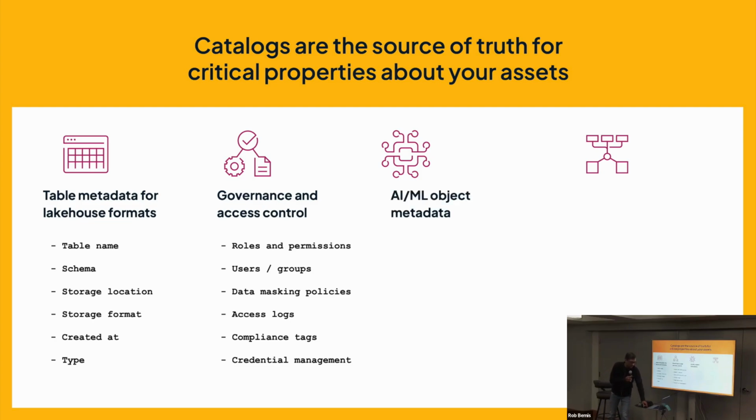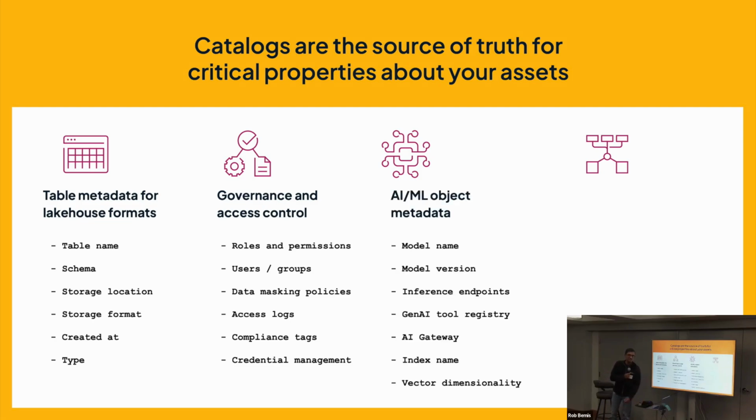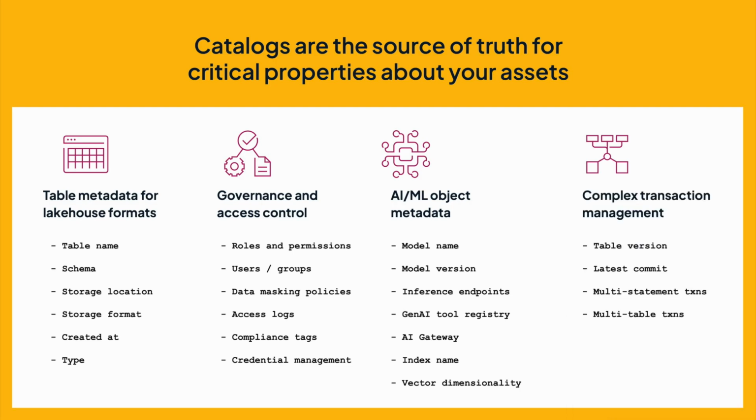And in addition to table types, we've also seen catalogs expanding into unstructured data like files, images, and also supporting all the various AI and ML assets out there, like models, GenAI tools, and so on. And moreover, catalogs are also becoming a critical piece for complex data warehousing and database functionality like transaction management, for example, multi-statement transactions, multi-table transactions, and so on.